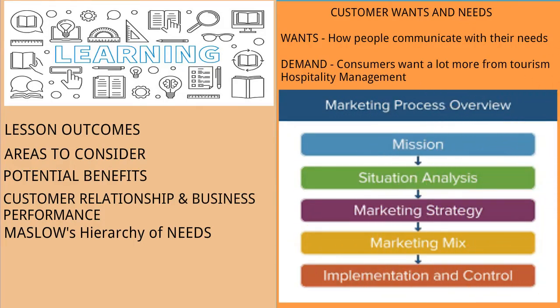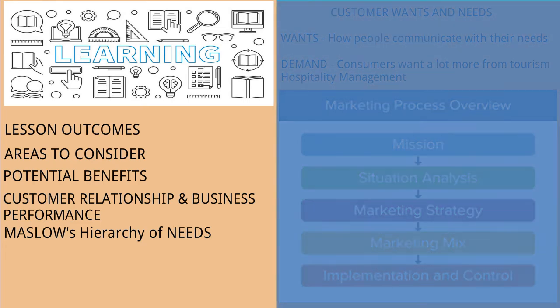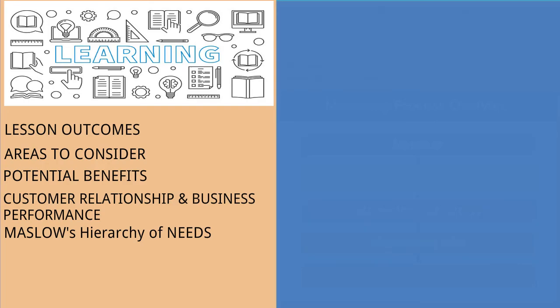If we think about the overall marketing strategy, we talked about this before, and this includes starting with your mission, your vision, your aims and objectives, and then conducting your situation analysis using SWOT, PESTEL, Porter's Five Forces model, maybe the BCG matrix, and then using your marketing strategy, which is your segmentation, your targeting, and your positioning. And then your marketing mix, your product, price, place and promotion, and people, process, physical evidence, and then implementation and control, making sure that your objectives are actually being hit.